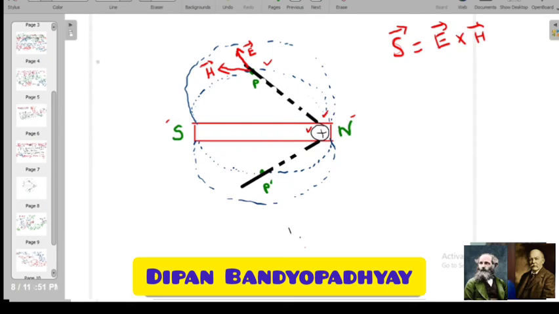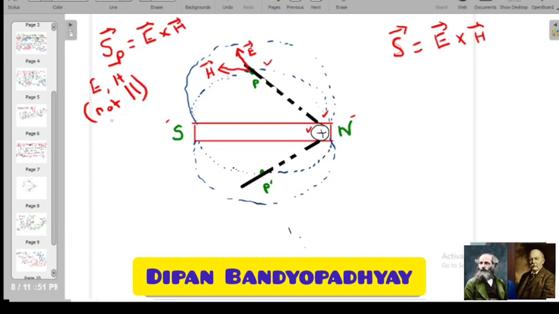Now you will see that S, the Poynting vector at the point P, is given by E cross H. Fine. Now the question is whether it is finite or zero. If you see the picture, this E and H are not parallel to each other.